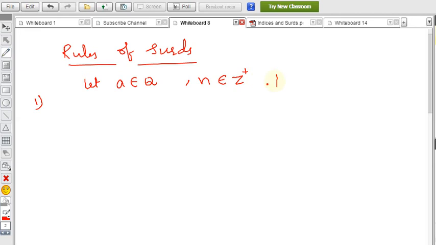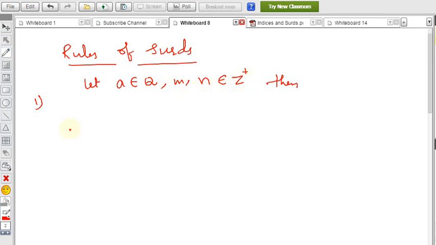Then, first rule: for the mth root, we take m and n both, m comma n belong to the positive integers.